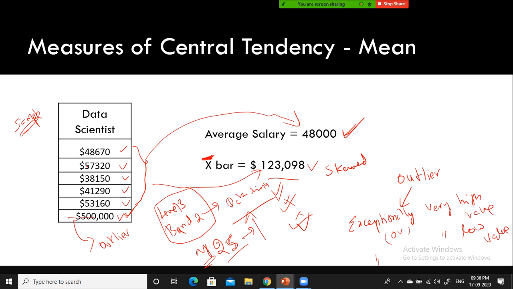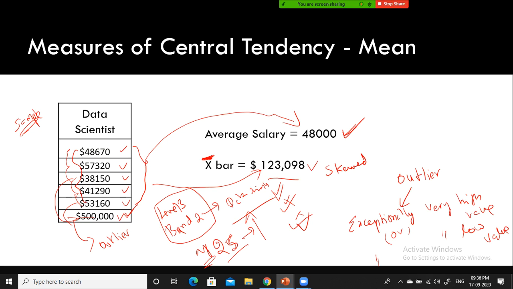When you look at this data, all these 5 employees' salaries are somewhat closer. Though there is a difference, the difference is not much compared to this value. The distance between 53 and 500k, and 38 to 500k, is too far compared to the other salaries, isn't it? Hence it is called an outlier.